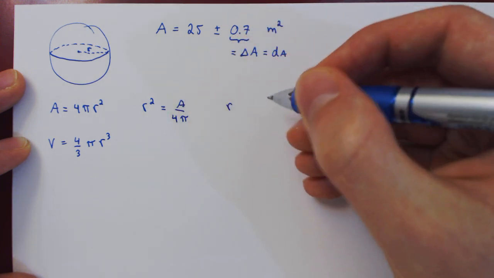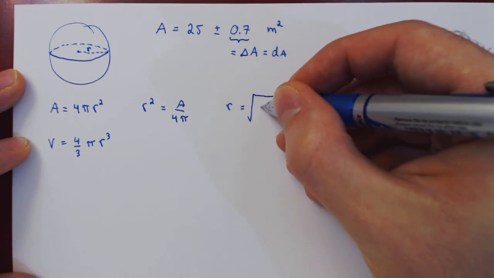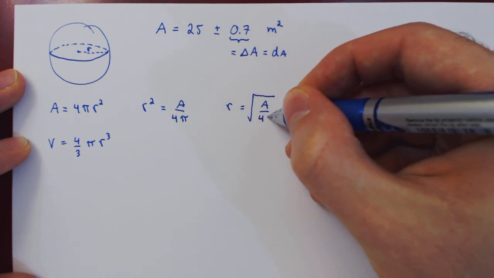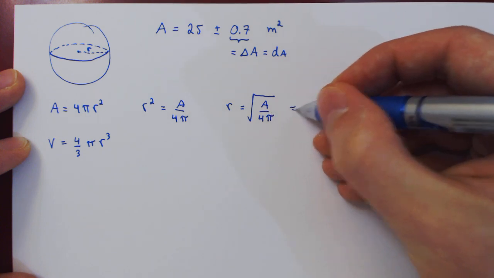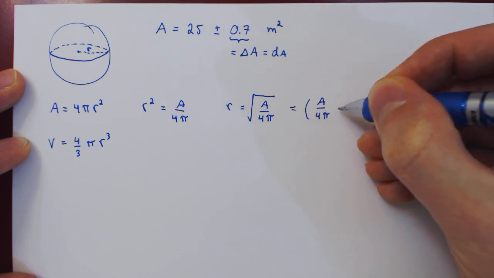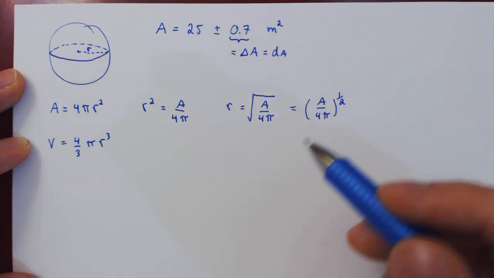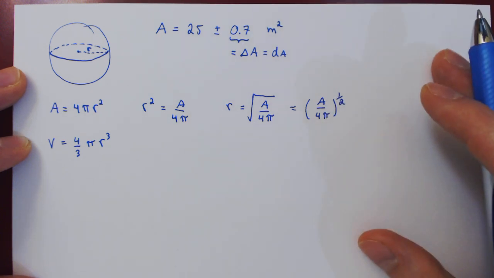Take the square root as r is positive. You obtain the root of A over 4 pi. And you can write this, of course, as a power of a half. So A over 4 pi to the power of 1/2. And now we have r as a function of the surface area of the sphere.